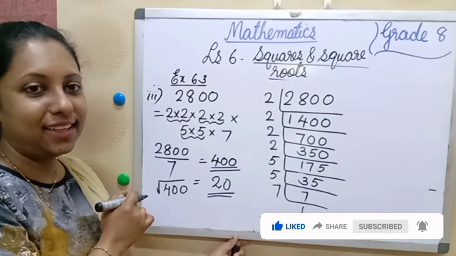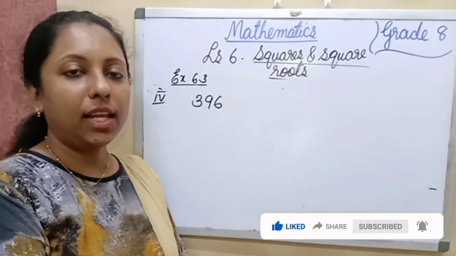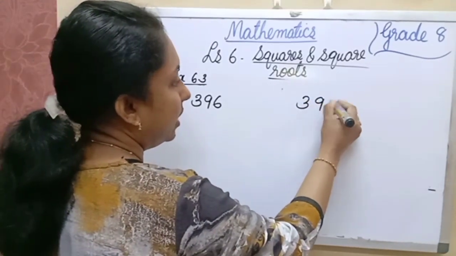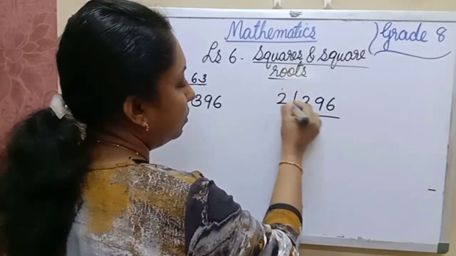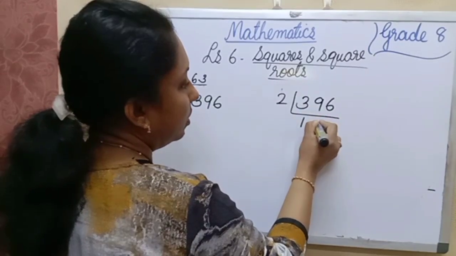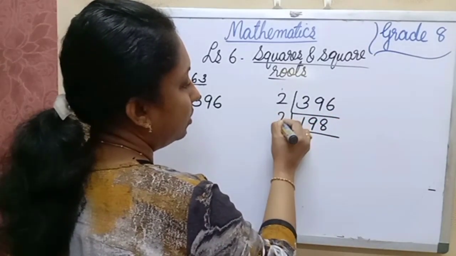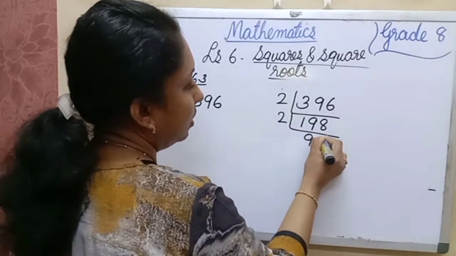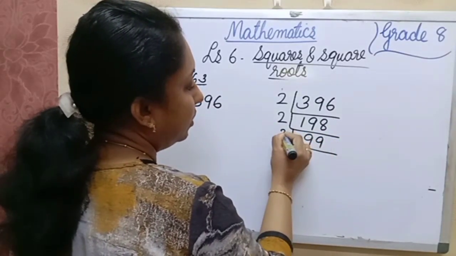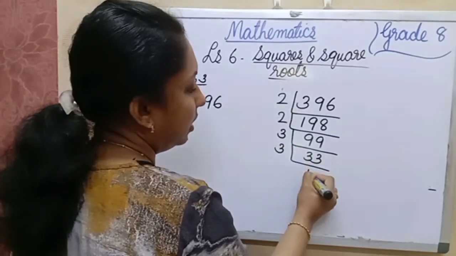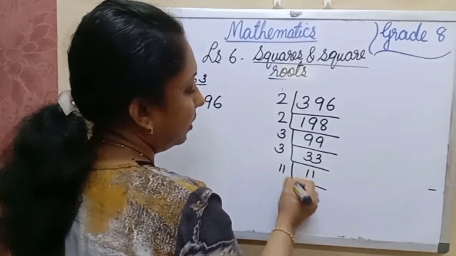Hope it is clear. Next number, 396. Factorize 396. 2, 198, again 2, 99, then 3, 33, then again 3, 11, 1.